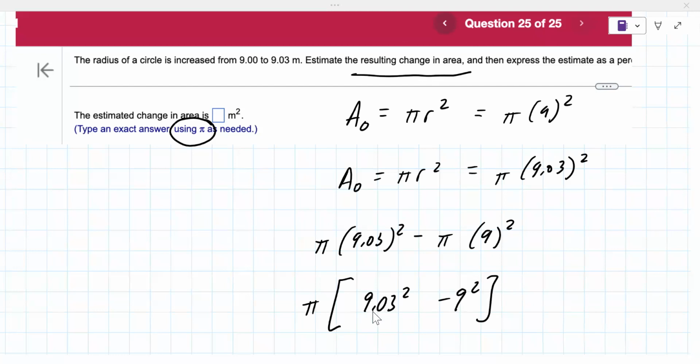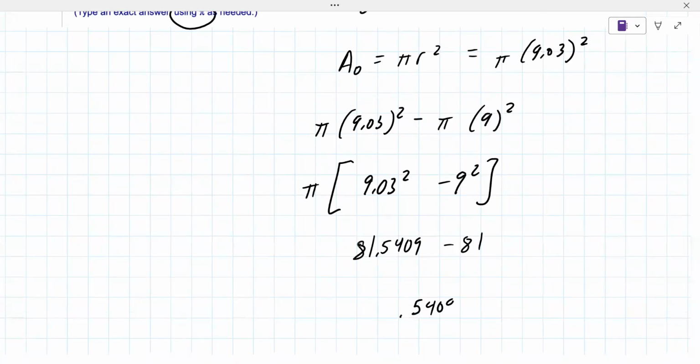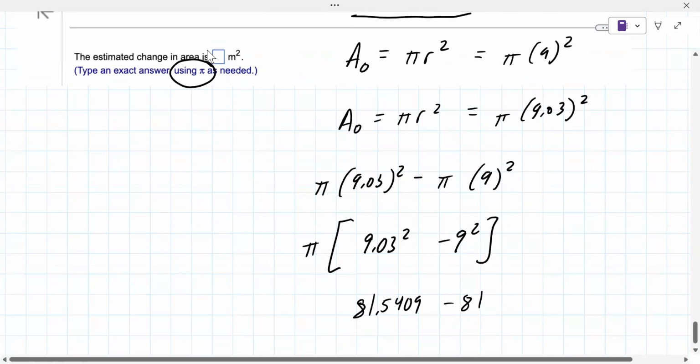There's a decimal here. 9.03 squared should be 81.5409 minus 81. I mean, it should be 0.5409, right? Okay. I put it completely whole in the calculator, so maybe it messed it up. Okay. Yeah, 0.5409. Okay, so I believe that to be the answer for the change in the area.